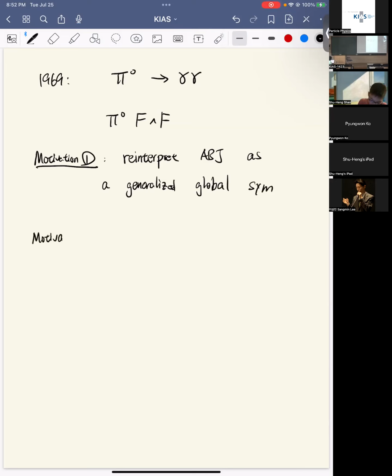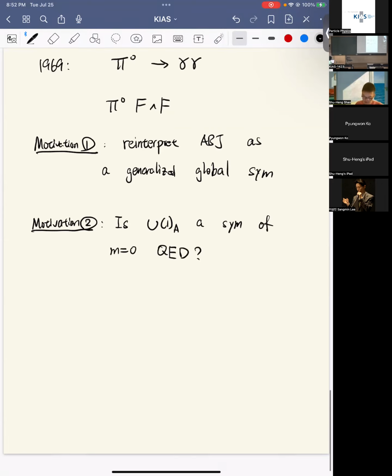Motivation number two is that when you go around and ask people, is the chiral symmetry a symmetry of the massless QED? You get all kinds of answers.